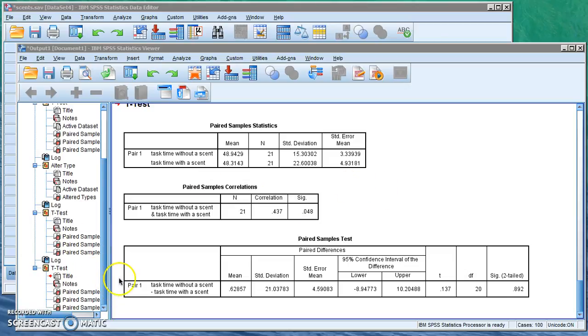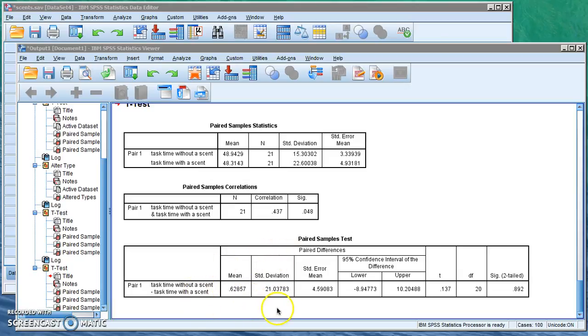To find that, you look at this box in the output, the paired samples test. It will tell you a lot of different things. First, we can look at the mean difference. It says paired differences, and the mean difference between the two task time trials with and without the scent.